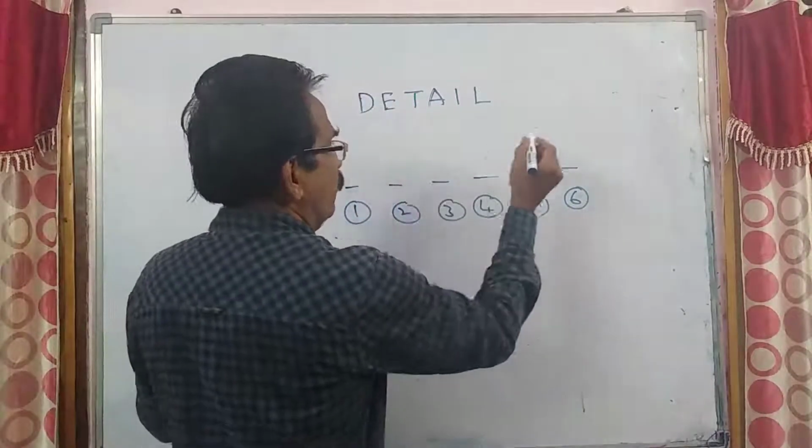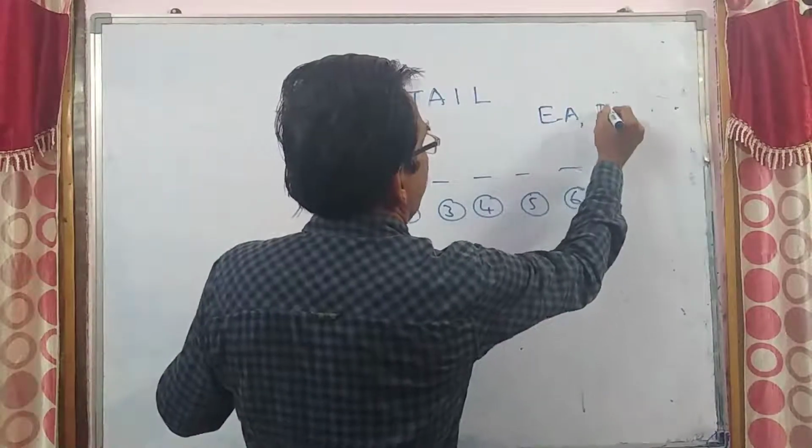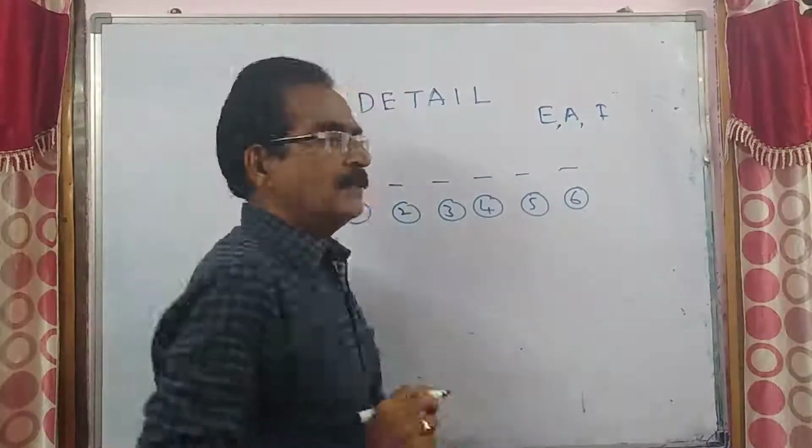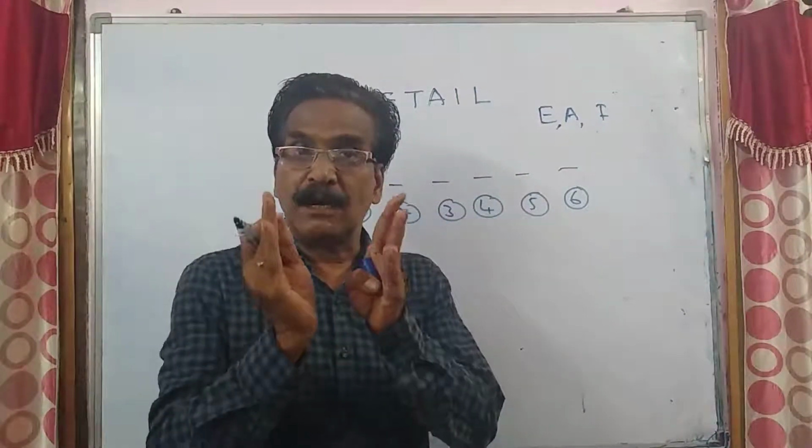So we have 3 vowels: E, A, I. Vowels must occupy odd places.